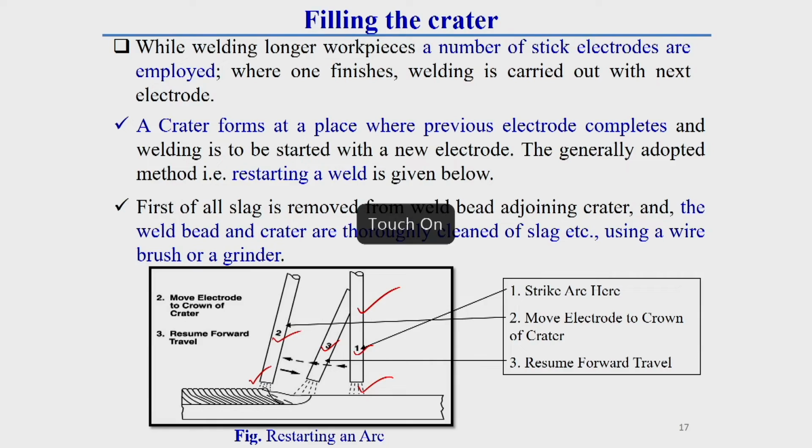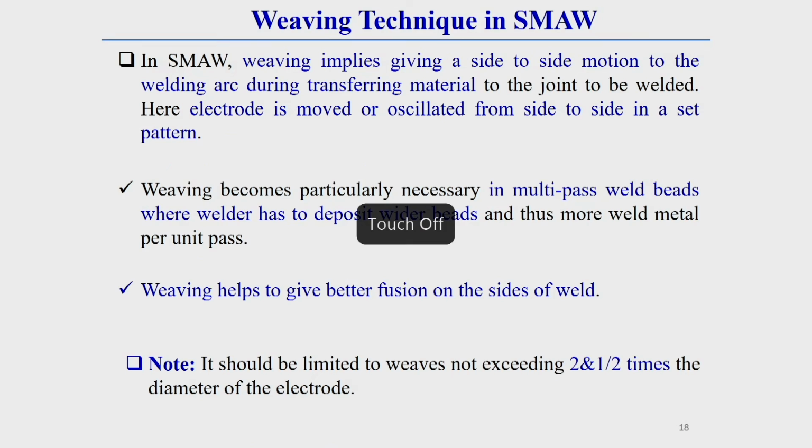Okay. Now we will go for the weaving technique in SMAW. This is a very interesting and important aspect of the SMAW process. Weaving implies giving a side to side motion to the welding arc while transferring material to the joint. The electrode is moved or oscillated from side to side in a set pattern.